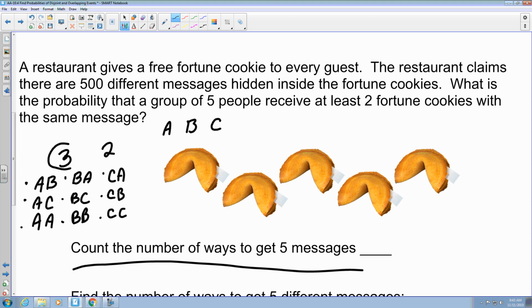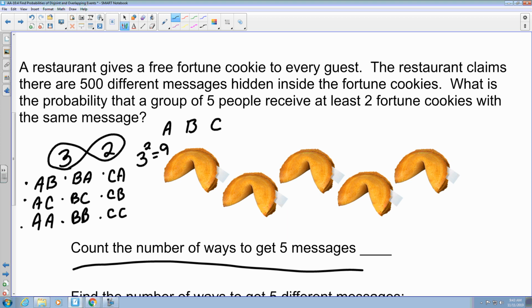Well, how does that correlate with the numbers 3 and 2? It's 3 to the second power, which gives us 9. So the base number 3 was the number of messages, and the exponent is the number of times that you were given a message.